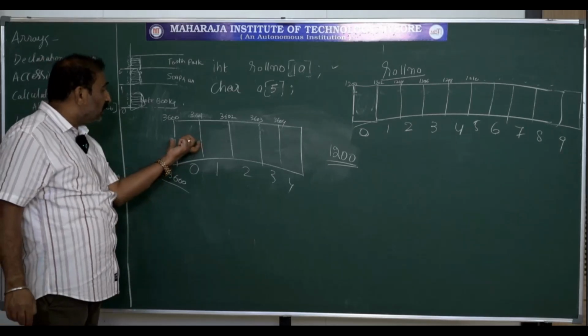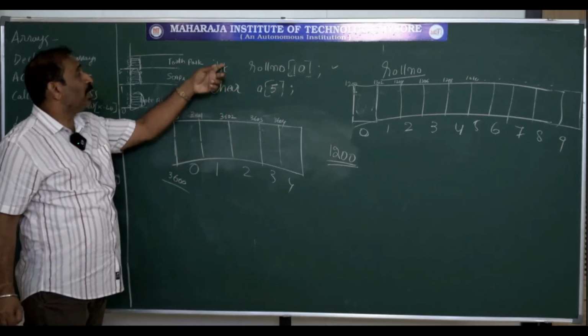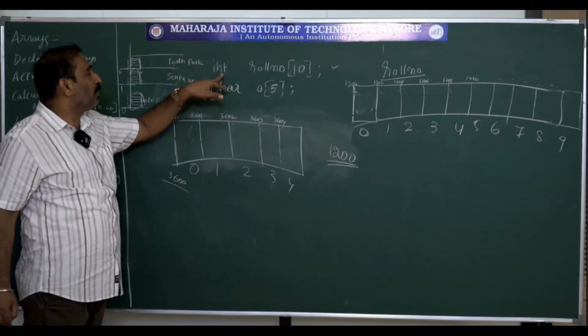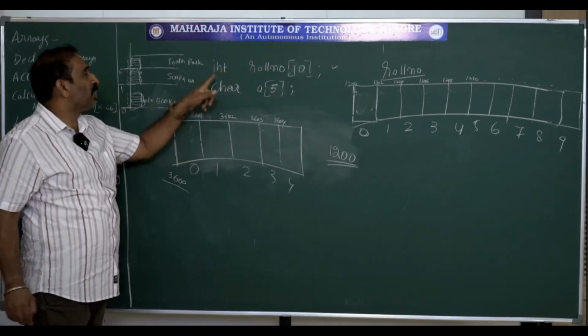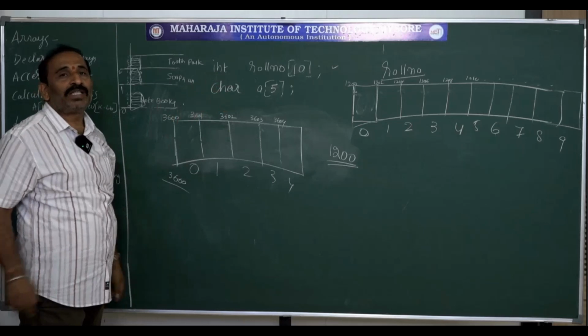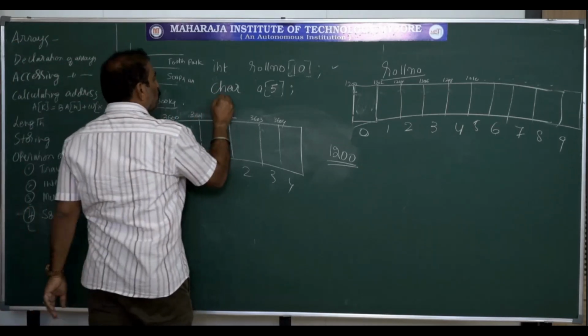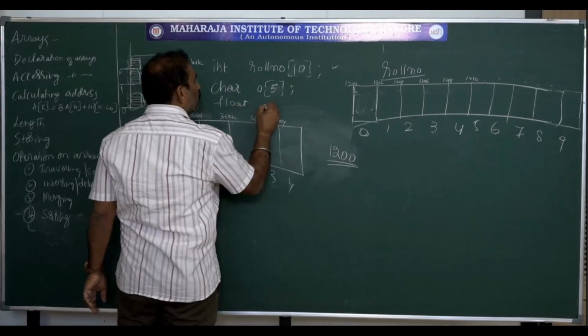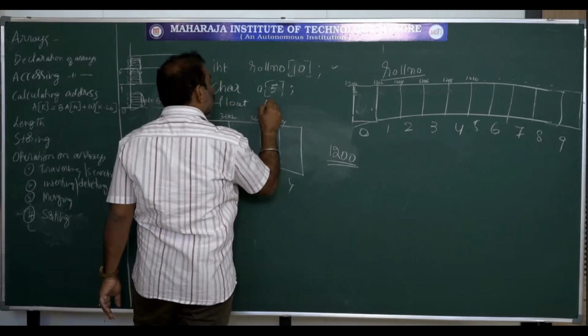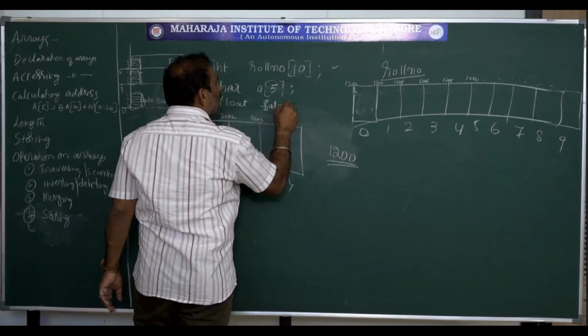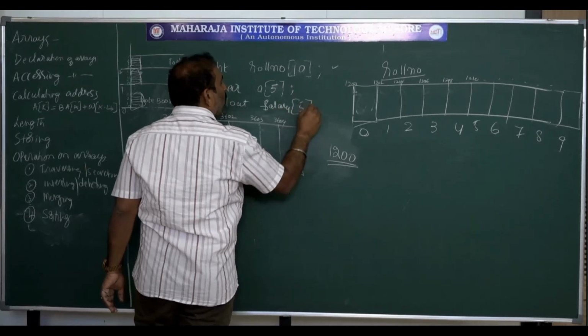And the size varies with the type of declaration that you have made. If you have made integer, then it is 2 bytes. If you have made character, then it is 1 byte. If you have made float, then it is 4 bytes. Take that case also. So float salary of 5.